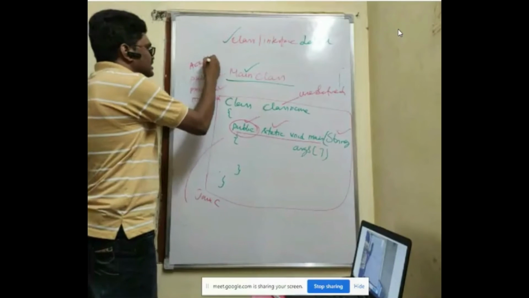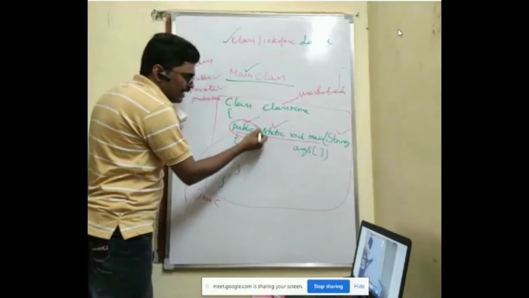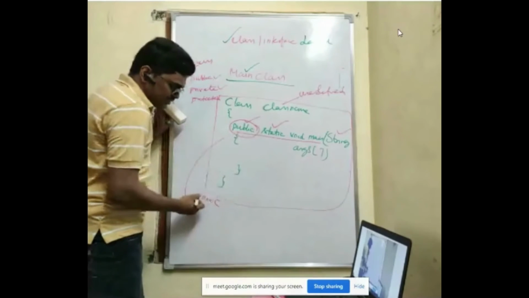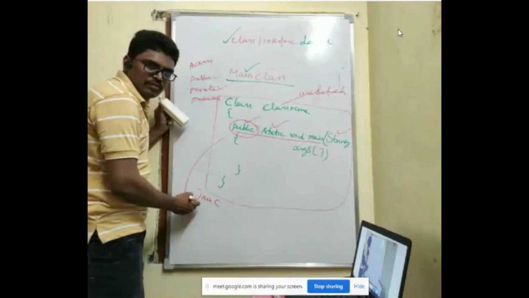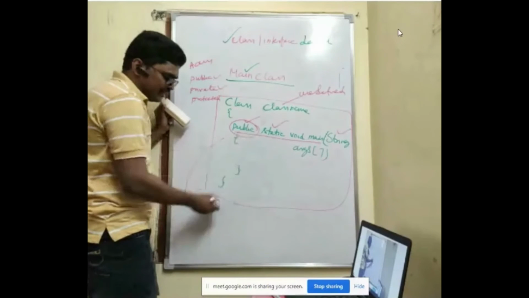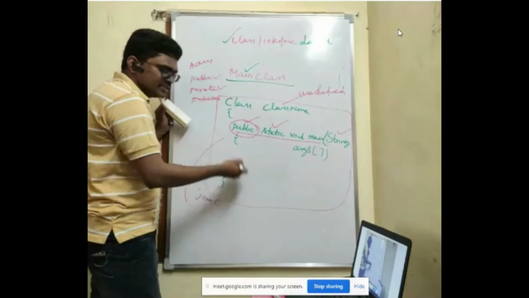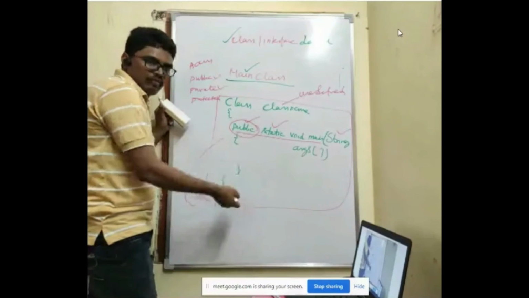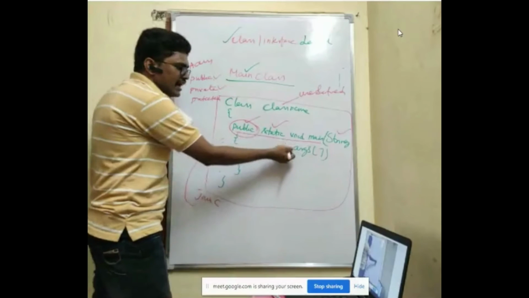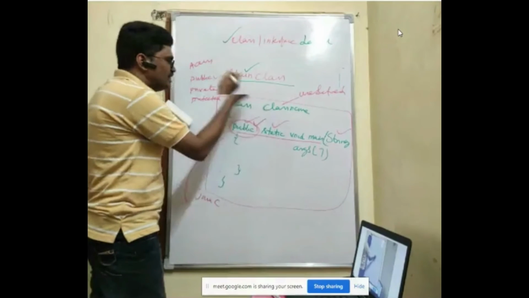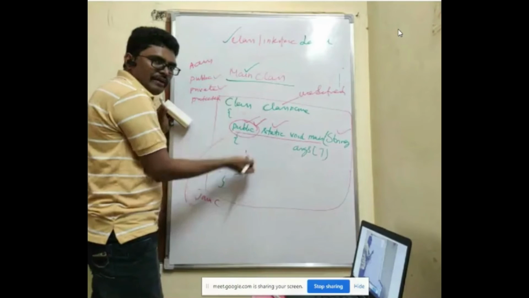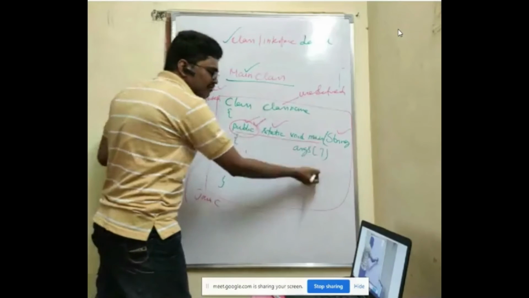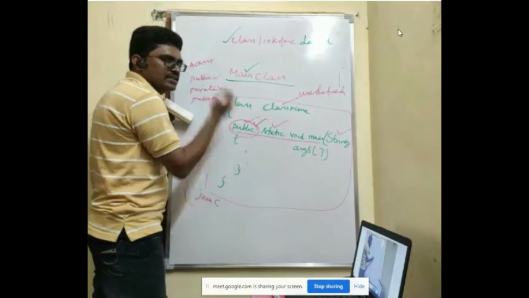Now why we made it public is because the Java compiler is an outsider. It is trying to access this method, which is not defined inside your class. For an outsider to access the method, it must be public. If you make it private, it cannot be accessed, so your program will not execute. That's why we make it public.